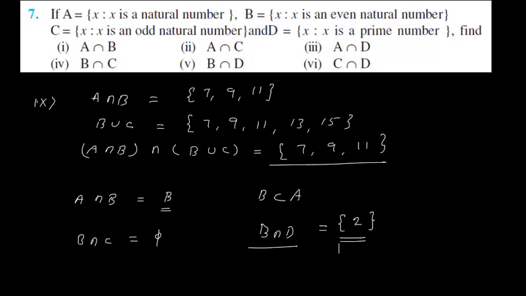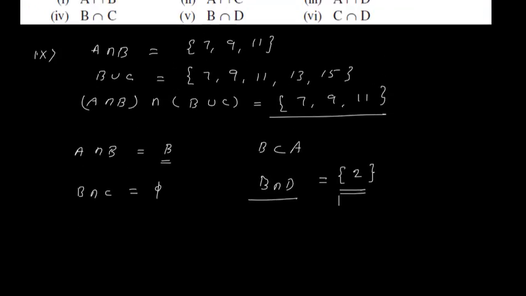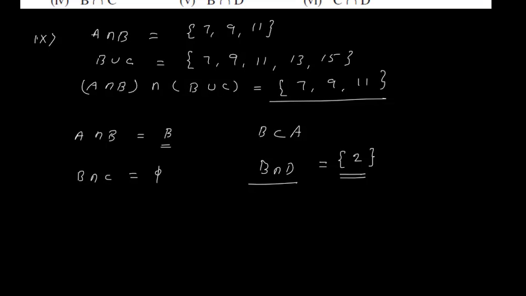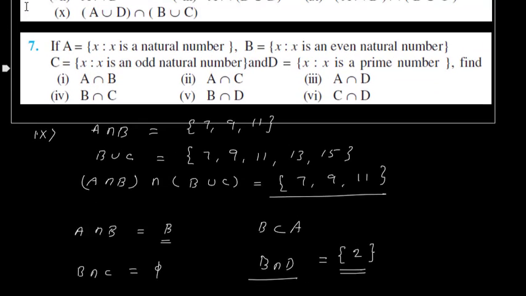So odd numbers which are prime number, there are many numbers. So with 3 we can start. First odd number which is prime is 3, then 5, then 7, then 11, then 13 and so on. This is C intersection D.